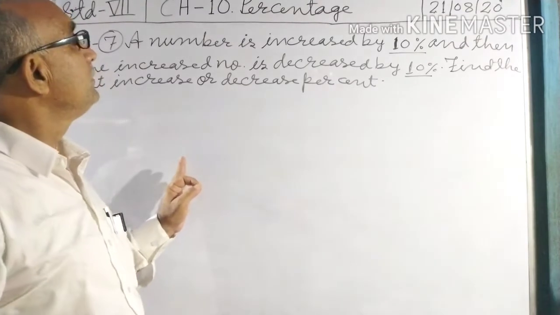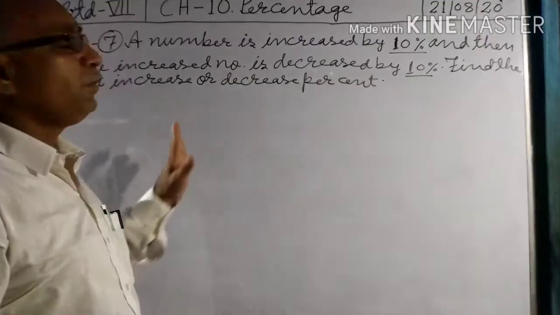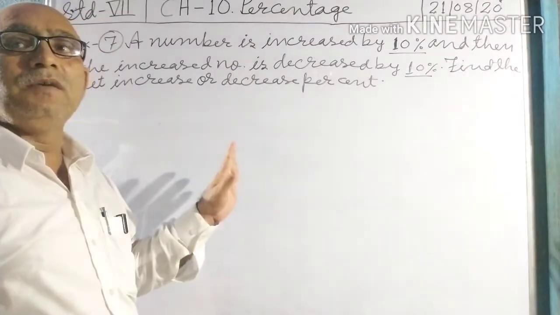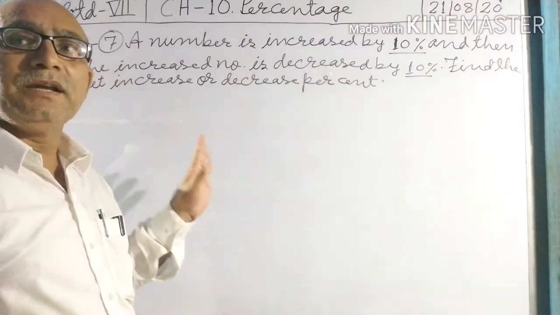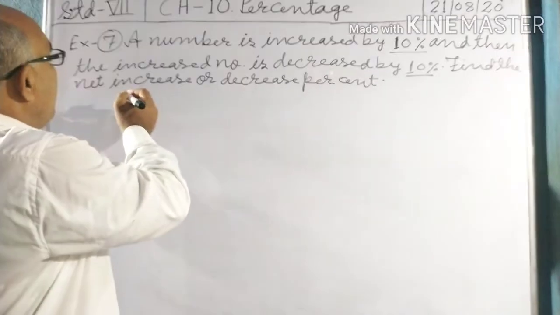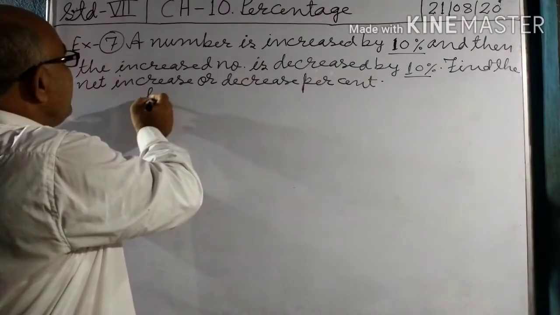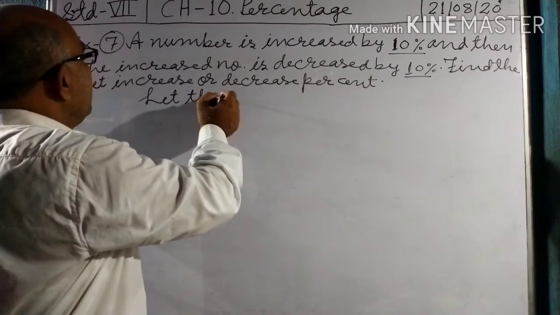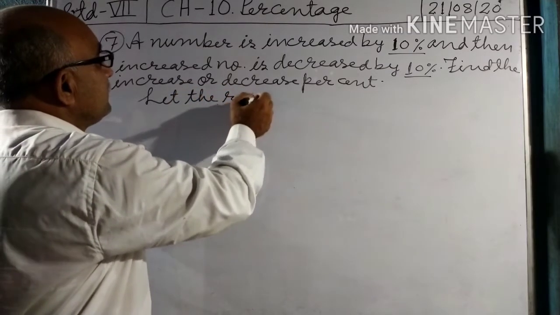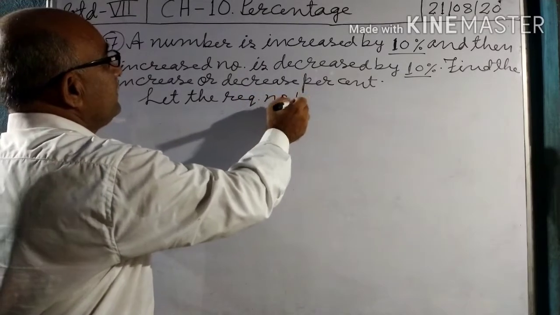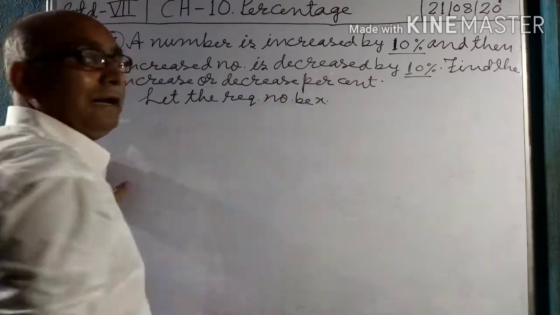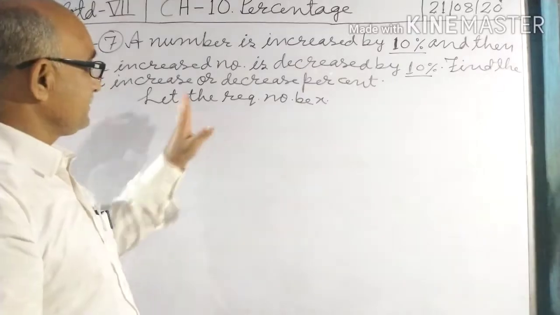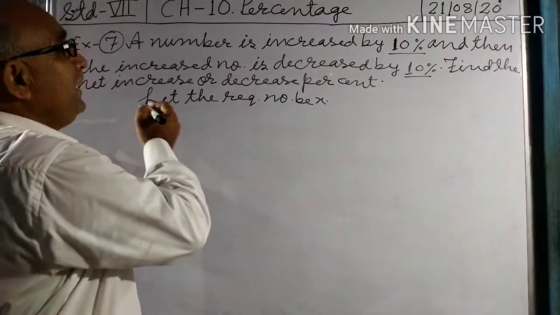Suppose the required number will be 100 or the required number will be x. Let the required number be x.